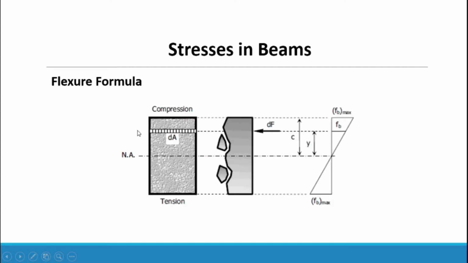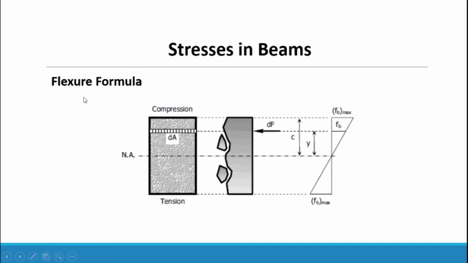And here's the diagram for the cross-sectional area of the beam. So this will be your tension at the bottom of the beam, and the top of the beam will cause compression. So we have the neutral axis, and from the neutral axis to the top of the beam is c, while y is from the neutral axis to any specific point value for bending stress.